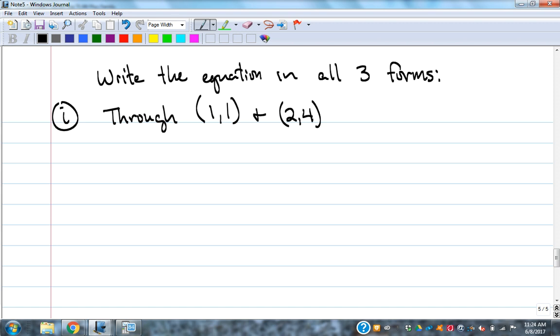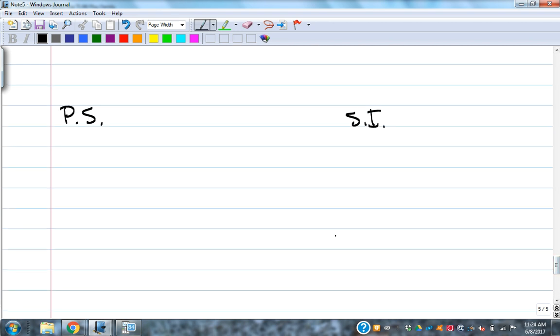So if we're going to write it in all three forms, we're going to do a point slope form. We're going to do a slope intercept form. And then we're going to end up in standard form last.